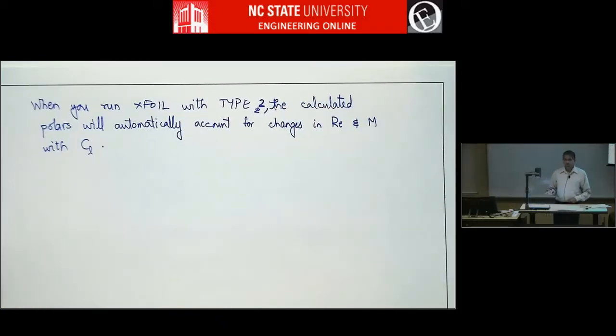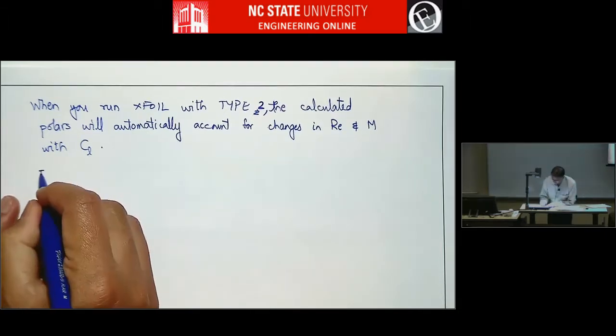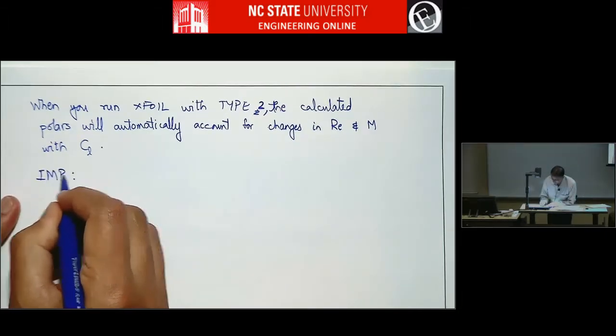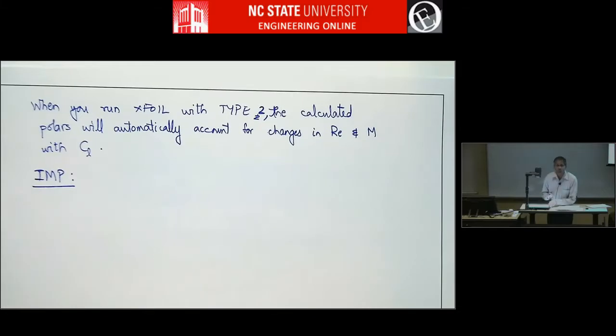But the important thing is the way you calculate polar is you use PACC, right? Polar accumulate. You have to put type 2 before you do polar accumulate.